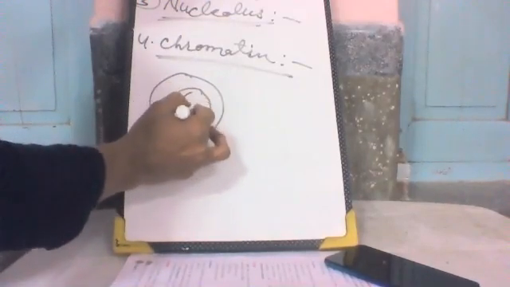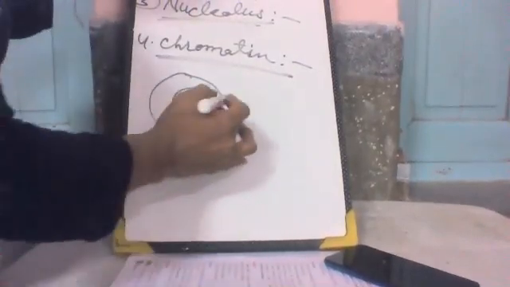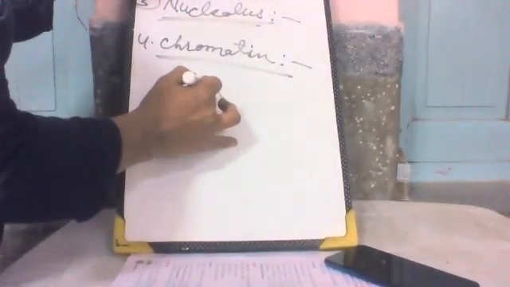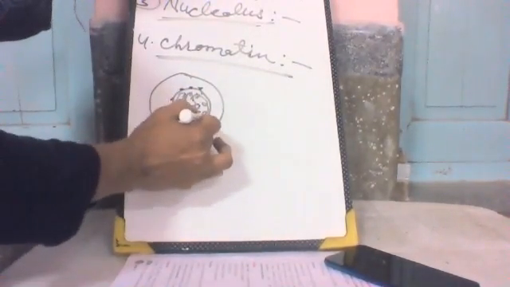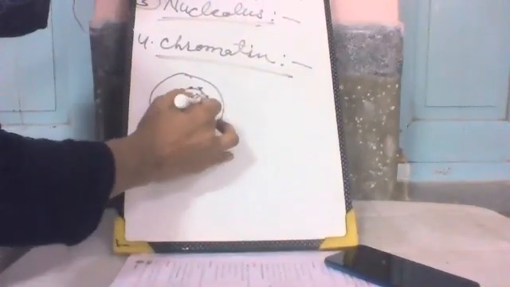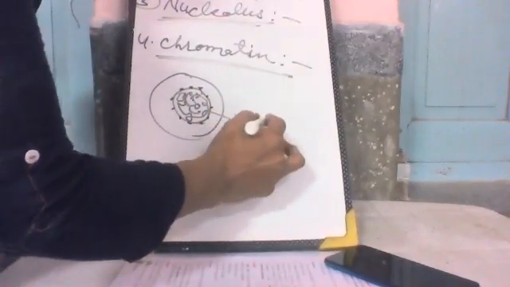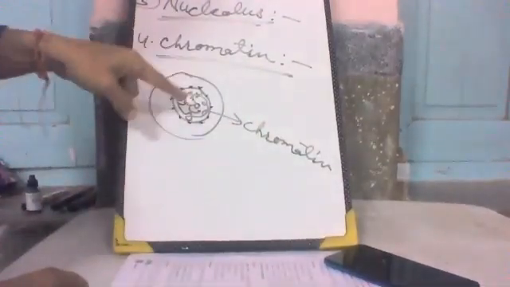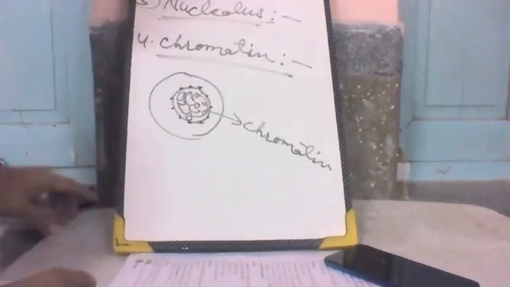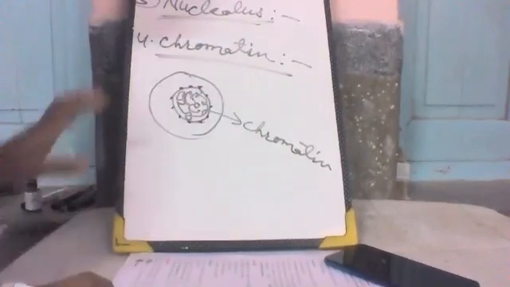There is a thread-like structure present in the nucleus, and these are known as chromatin fibers. These thread-like structures are known as chromatin. And the material present in this is known as nucleoplasm.